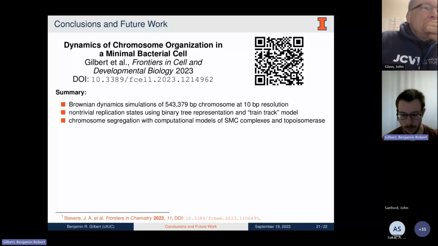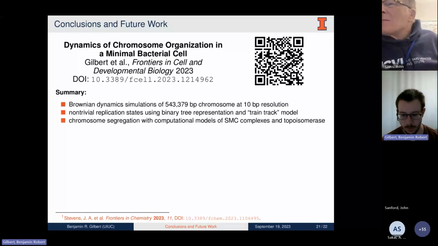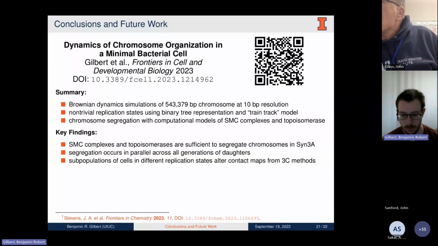So in summary, we created this Brownian dynamics model. We are able to represent non-trivial replication states using our binary tree, and a train track model to actually generate the physical structures. And then we looked at chromosome segregation with computational models of SMC complexes and topoisomerase. So in terms of our findings, we found that solely SMC complexes and topoisomerases are sufficient to segregate chromosomes in Syn3A.